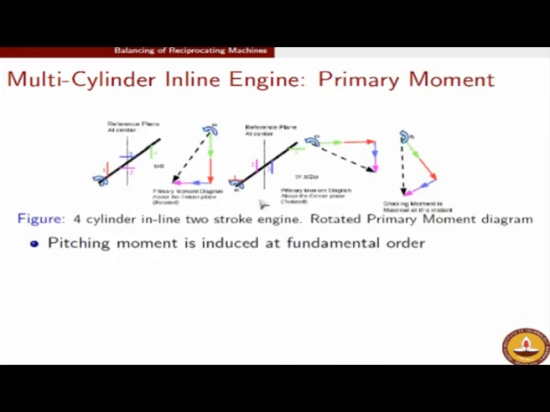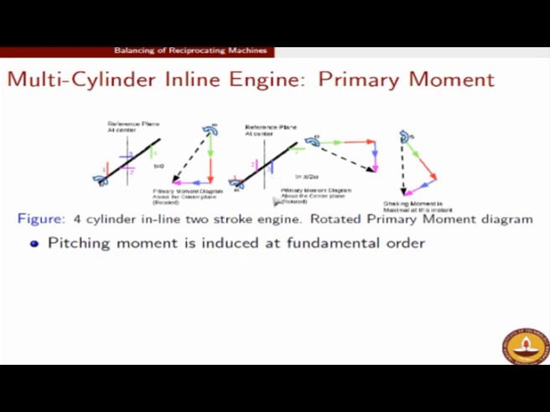You can see this in this figure. Between these two instants, at this instant 1 is at the top, at the next instant, which is pi by 2 omega, 2 is at the top dead center. So that means 2 is firing, right? In the next instant, which is not shown, 4 will fire. In the next instant, 3 will fire.